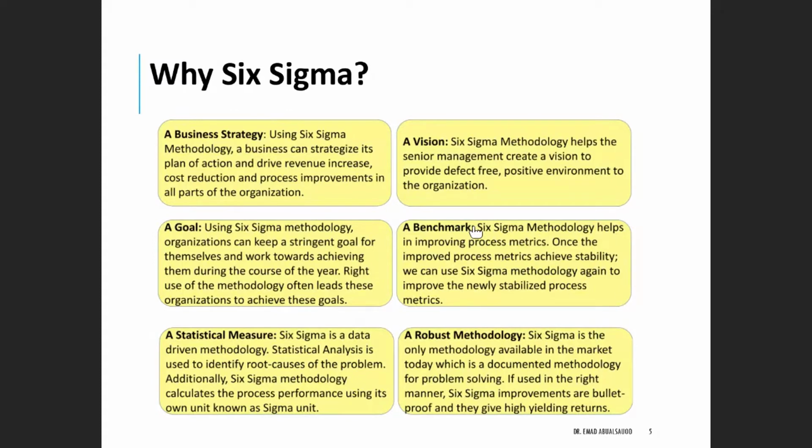So you compare yourself with the best practices you adopted, and you see where you are now after you adopt this, and then you again improve قياس أداء عملك after you stabilize the process. So it will always be continuous improvement by benchmarking yourself against the best practices.